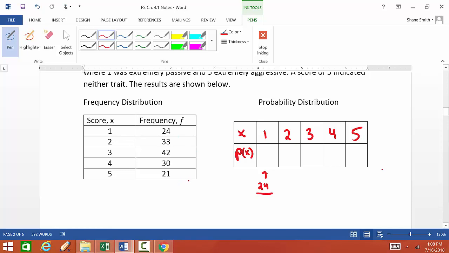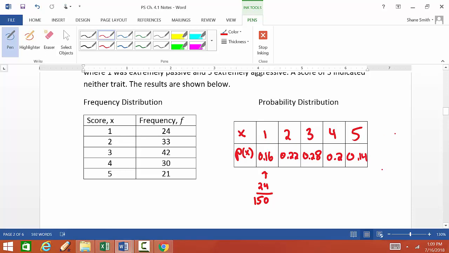If I add all these together, they tell me there's 150 employees, so 24 divided by 150 is 0.16. And we can do this for all of them. 33 divided by 150 is 0.22. 42 divided by 150 is 0.28. 30 divided by 150 is 0.2, and 21 divided by 150 is 0.14.